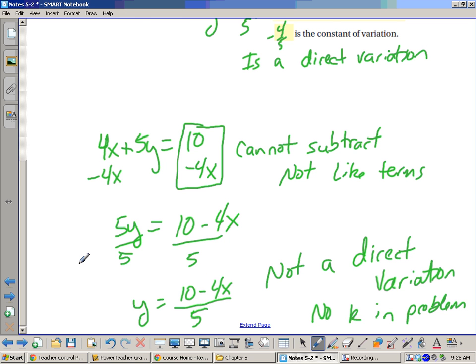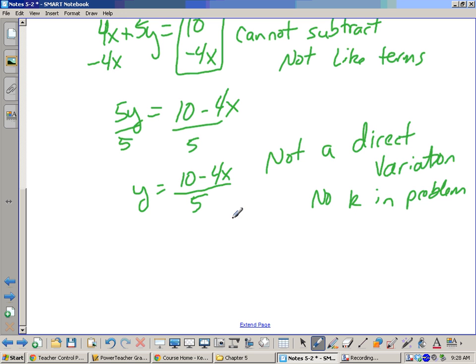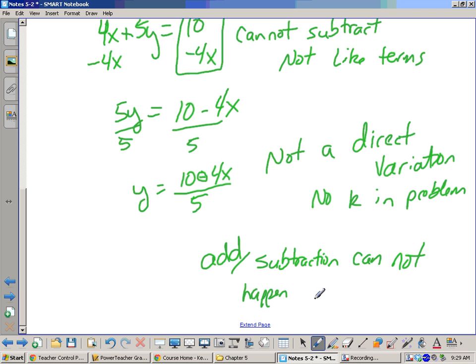So anytime you have adding and subtracting in the problem, add or subtraction cannot happen in a direct variation. Okay, so that's after you have solved for y.